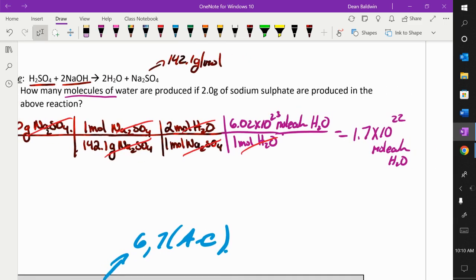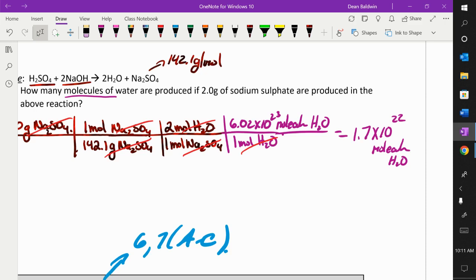What do we got? 1.7 times 10 to the 22 molecules of water. And always check your units. We can see all the units cancel. Boom, boom, boom, boom.